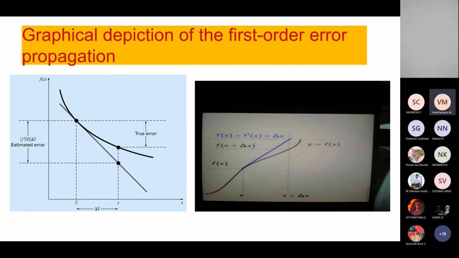Now we project x and x bar on the tangent, which were on the curve. The projection which falls on the y-axis is known as the estimated error, and the true error is with respect to the curve. The projection with respect to the curve is known as the true error. Next slide.